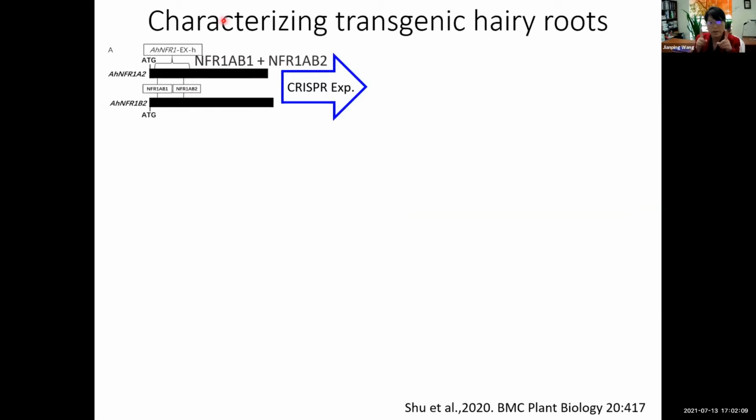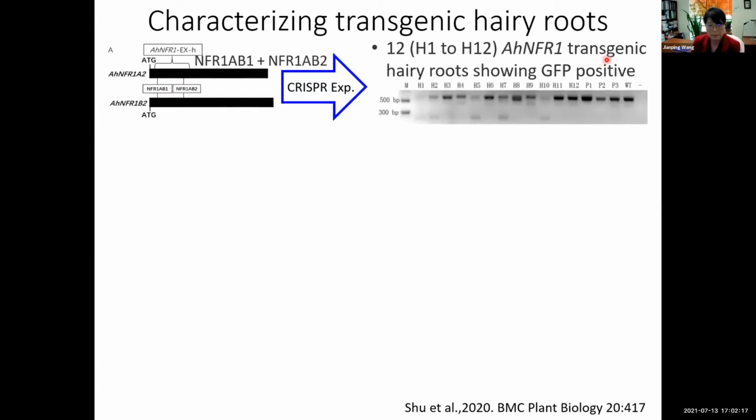Again, we have both targets, and both targets hit both of the homologous copies to have those knocked out. And fortunately, we got 12 transgenic hairy roots showing GFP positive. Then we amplified the target gene for the validation of the genome editing.